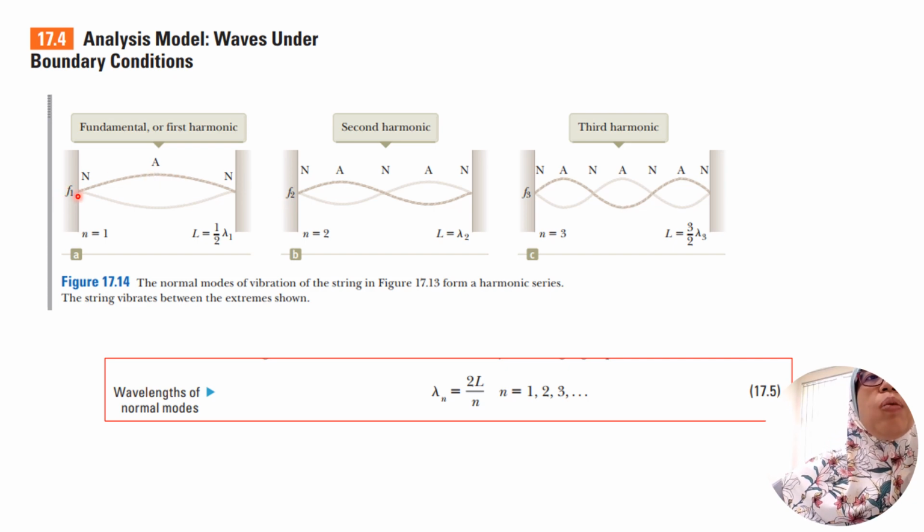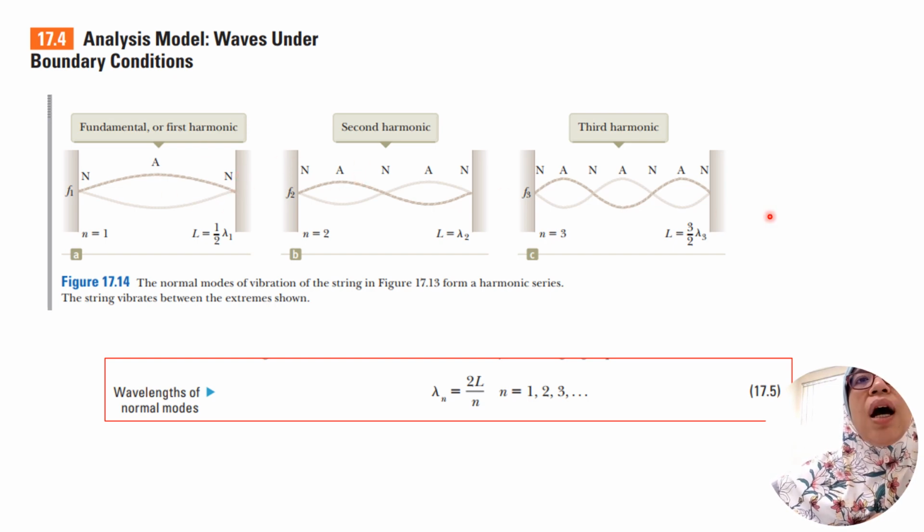When the wave or pulse travels, by the time it reaches the other fixed end, it gets bounced back in the opposite direction. That is the reason why a standing wave on a string looks as such: where the fixed ends are located, there will be nodes.